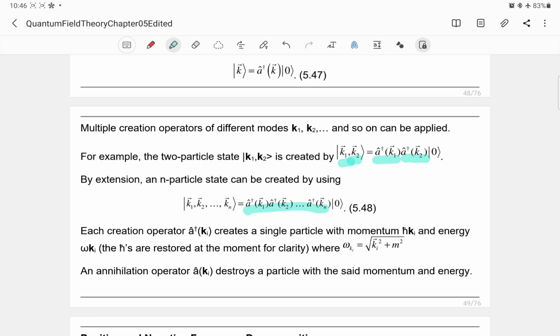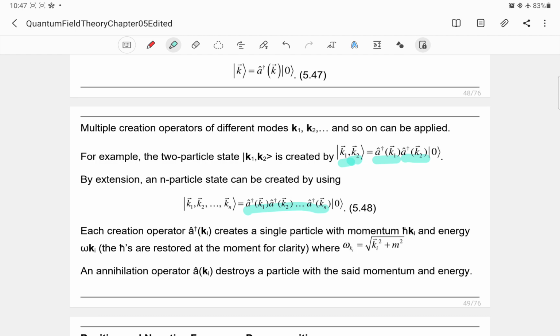By the way, in this particular notation, we have h here, and it's just for clarity of units.